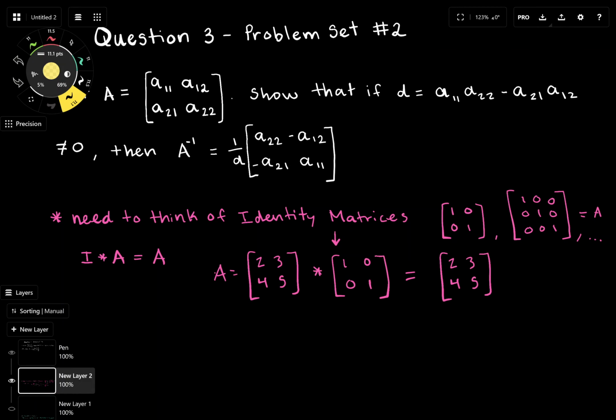So we can see this little formula over here, I times A equals A. And it's a multiplicative identity. You use that all the time, like 1 times 100 is still 100. Same kind of thought process.